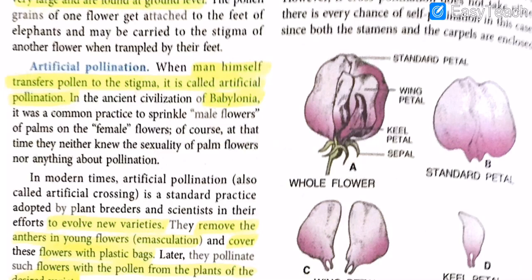Now they cover these flowers with plastic bags and later they pollinate such flowers with pollen from the plants of desired variety, right? In such a case, we get our desired fruit or vegetable. Perfect. Now let's move on to some examples of pollination.